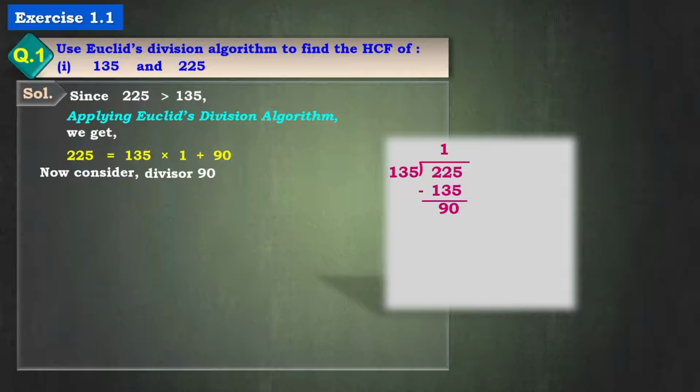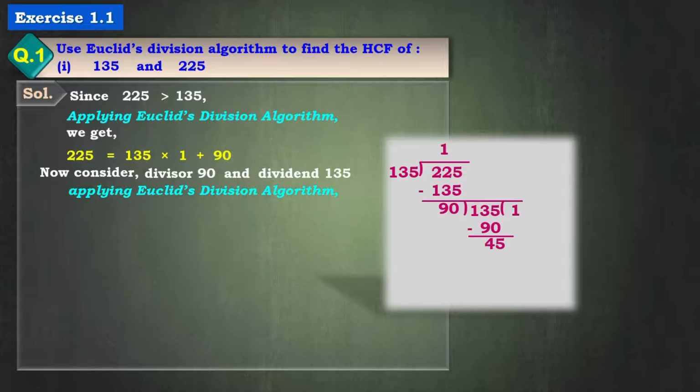Now whatever is the remainder will become the divisor, and whatever was earlier the divisor will become the dividend. So now we divide 135 by 90. 90 into 1 is 90, then the remainder will be 45. So again applying Euclid's division algorithm, we get 135 equals 90 into 1 plus 45.